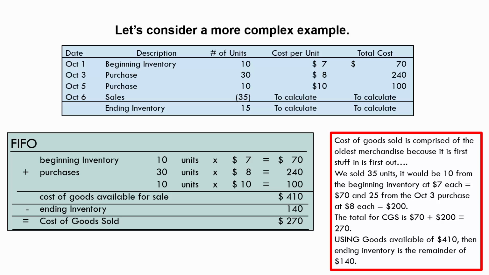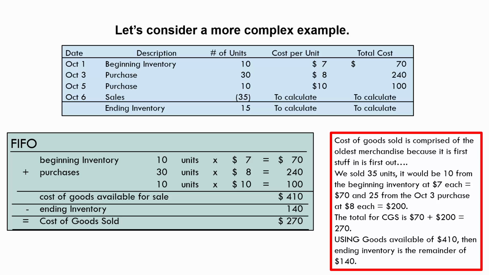Our ending inventory, which is 15, would be the 10 units from October 5th and the 5 units from October 3rd. And so when we calculate our cost, the total cost of goods sold will be $70. 10 times 7 is 70, plus $200, which is the 25 units here times the 8.